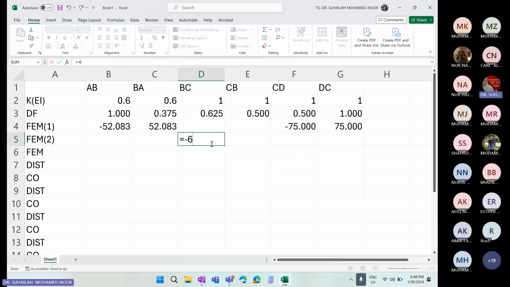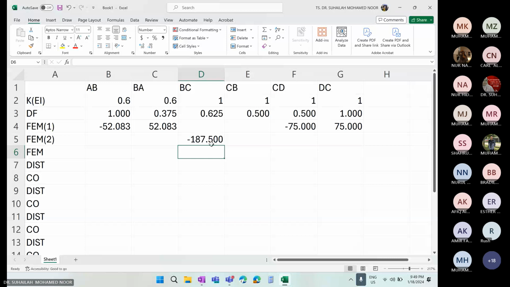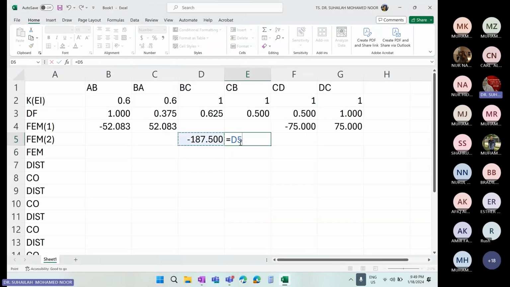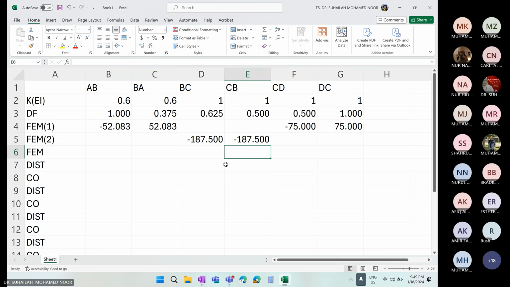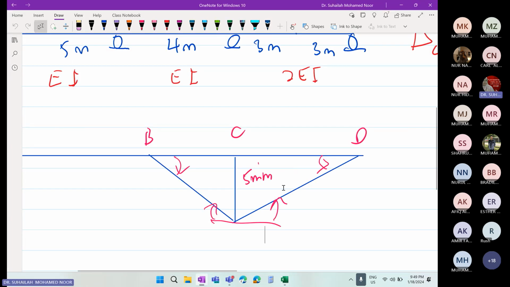It is 6 EI delta over L squared, delta is 0.005, L is 4 squared, 16. Both are negative for support settlement. And for CD, angle is negative, so FEM is positive.